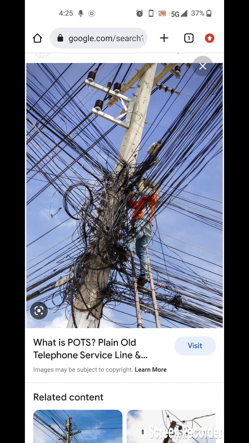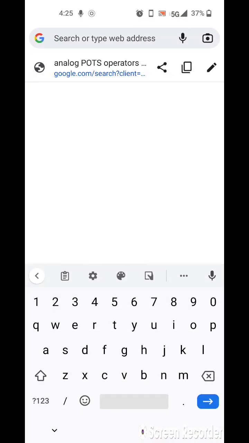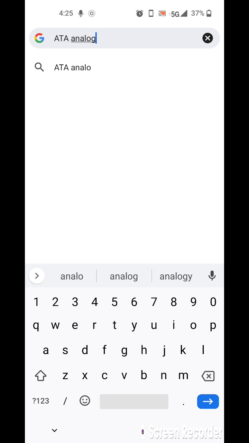Okay? So that's how they want to monitor you. The other product that I've been installing, and you guys will understand what I'm trying to say right now. So these are ATA analog conversion. What the hell?